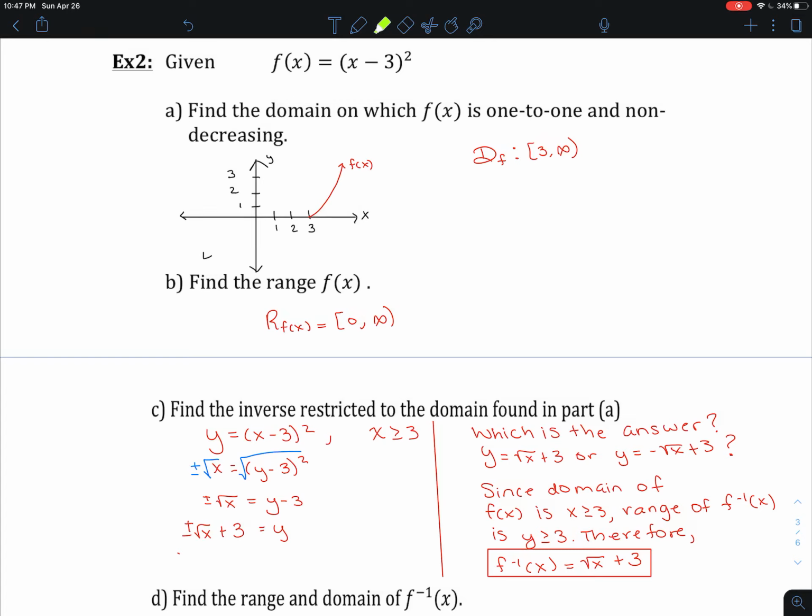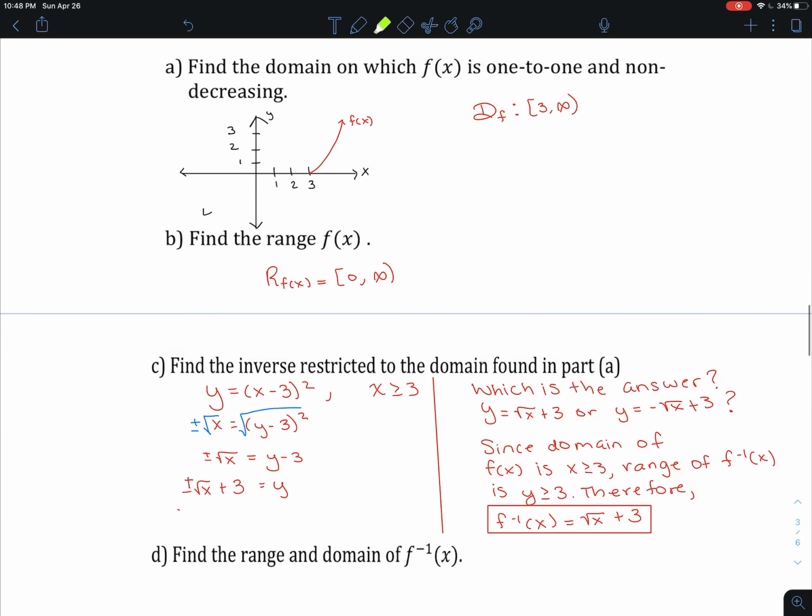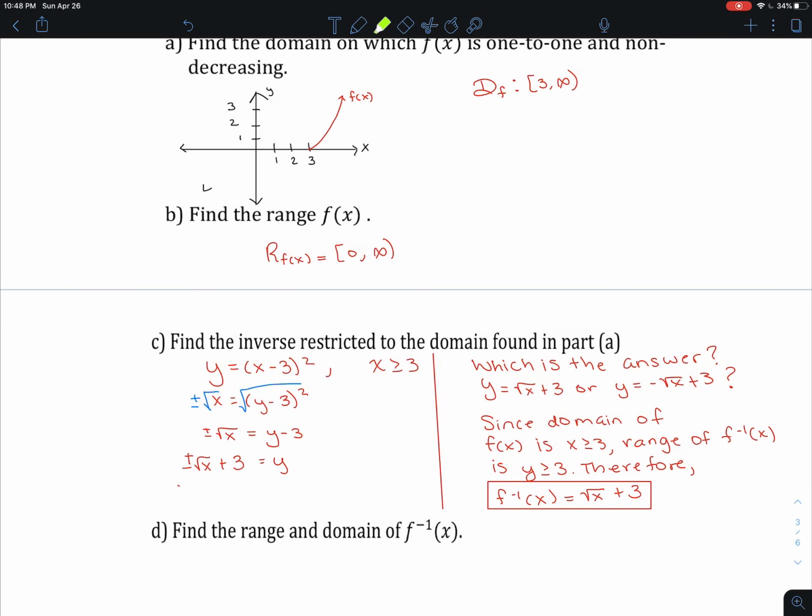If you draw the inverse function, you can see which one it would be. But I'm getting a little ahead of myself because we're going to graph in the last part. So all I have to do is look at the domain of f of x, and I know what the range of my f inverse of x should be. And therefore, I know that my answer would be f inverse of x equals square root of x plus 3.